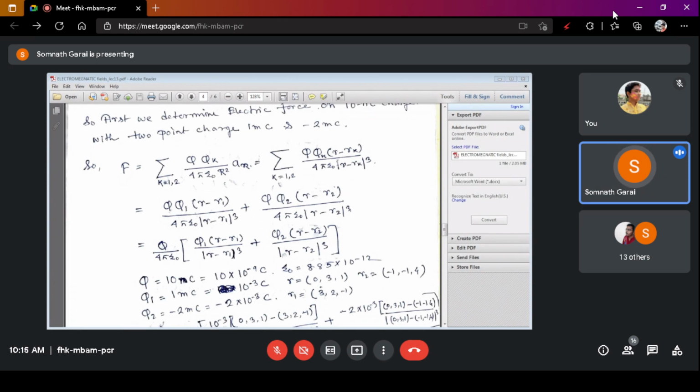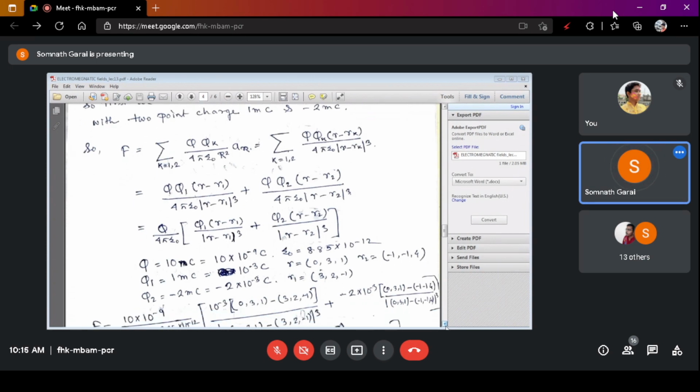So it is the vector form of the force. Now we expand this summation, that means it is the summation of the two forces, first case k equals 1, second case k equals 2.